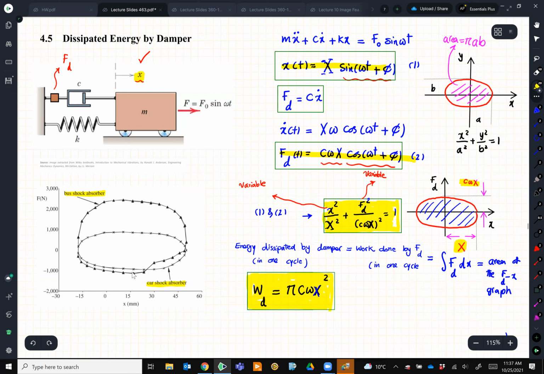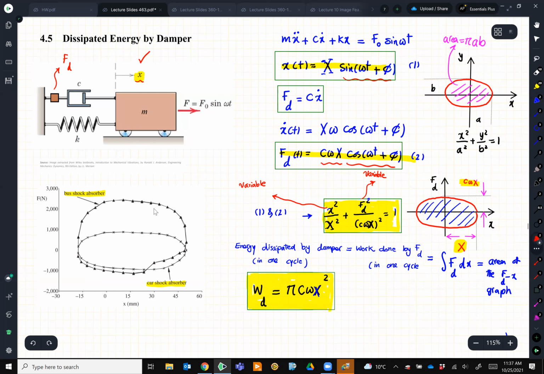The graphs don't look like an ellipse, right? They look more like a marshmallow or a very ugly egg. But this is practice. So in theory, we expect to see this nice oval or ellipse shape. In practice, we don't get that. So these are two different graphs.